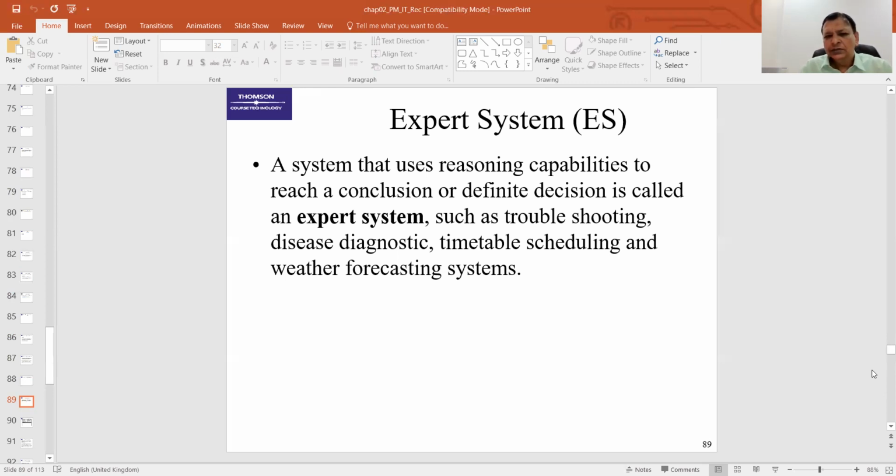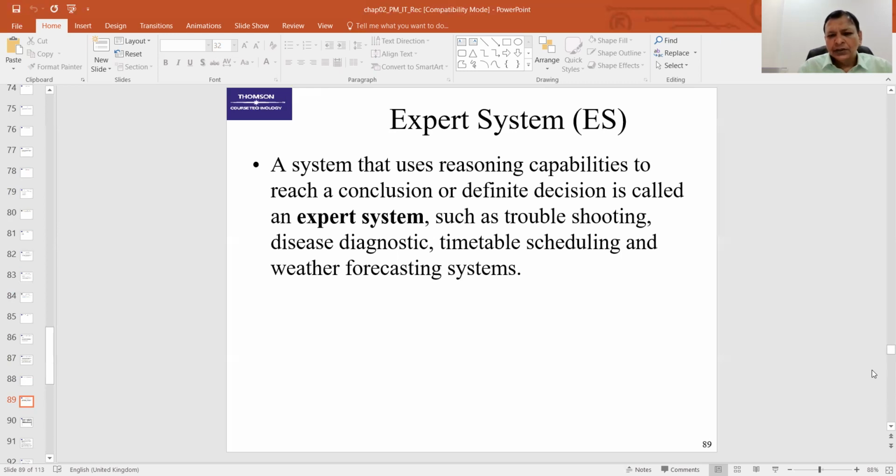So the technician using this system will enter the problems of the patient, the symptoms of the disease, and based on the symptoms, the eye care expert system will provide a definite prescription and the treatment.